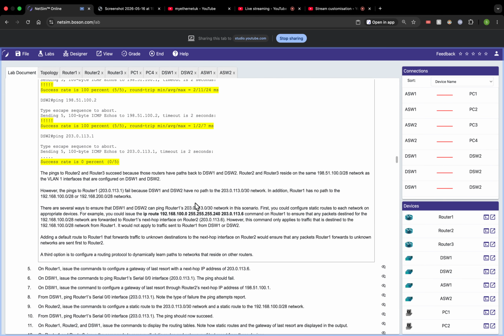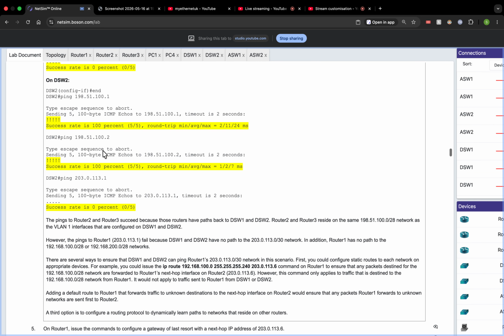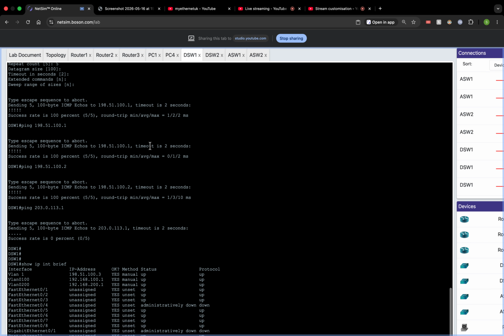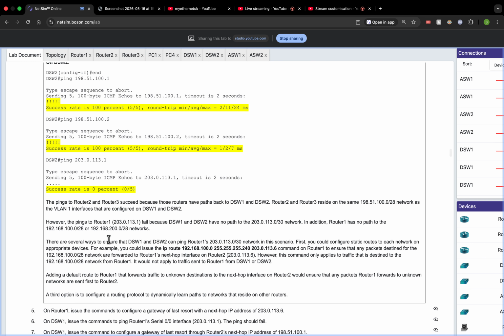We tried pinging router 2 and router 3 on their FastEthernet interfaces, but router 1 has a serial interface. If you look at its routing table, I can't see 198.51.100.x. They're not there.